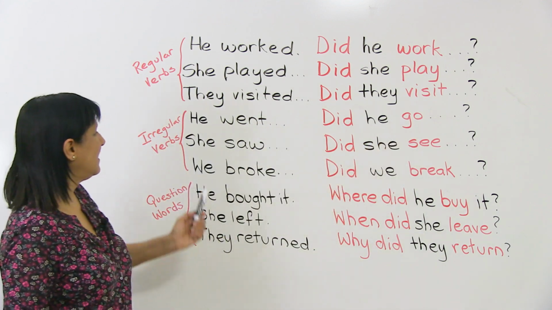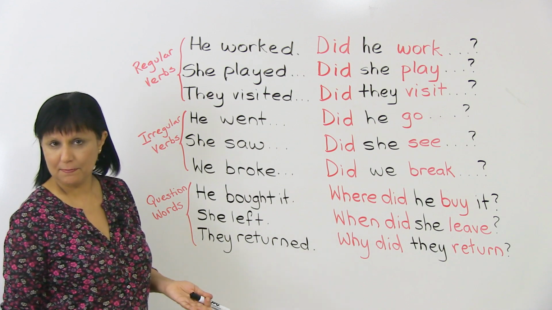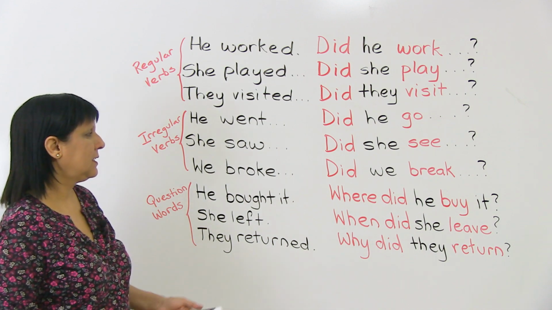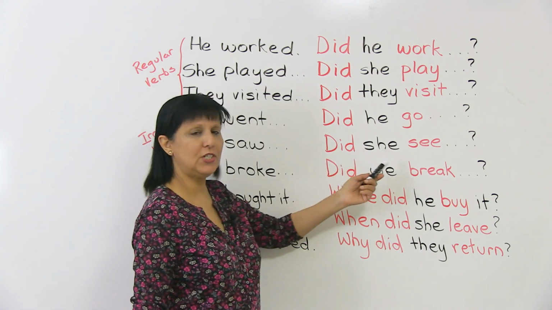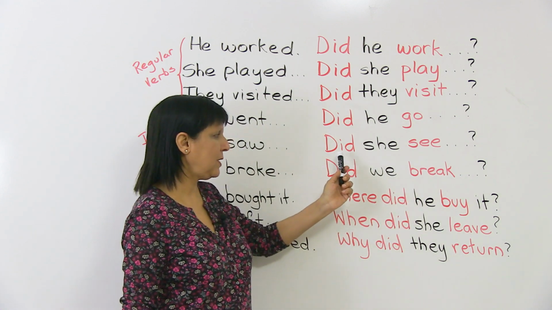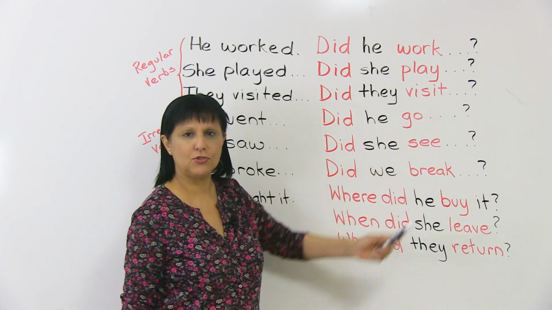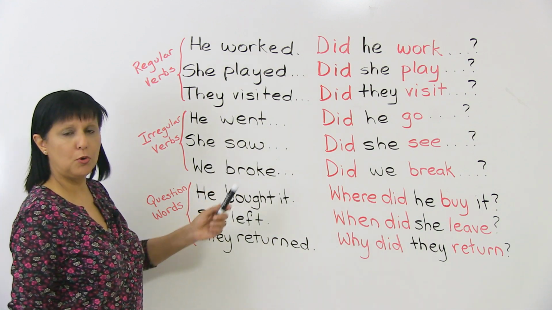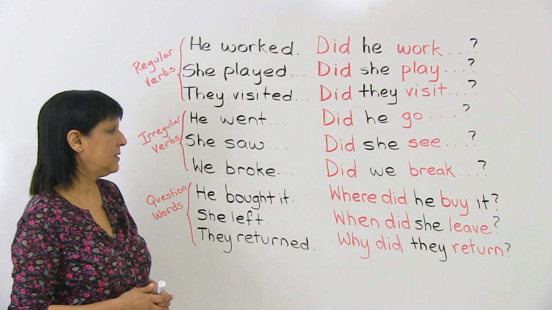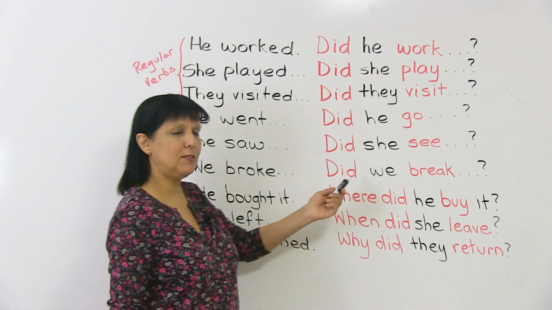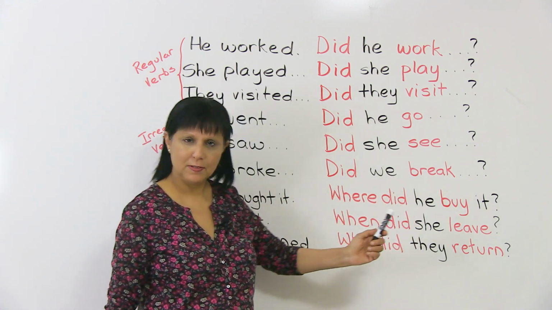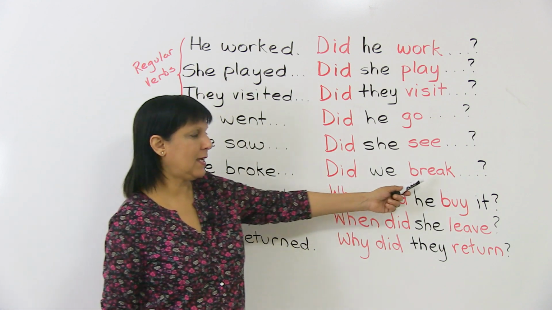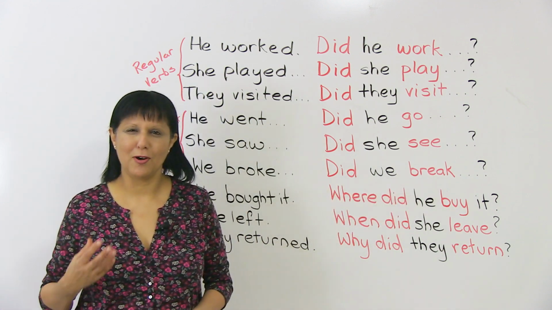All right. Next one. She saw him, for example. Question: did she see him? We add did, and we come back to the base form of the verb, see. We broke the bottle. Question: did we break the bottle? We added did, and we came back to the base form of the verb.